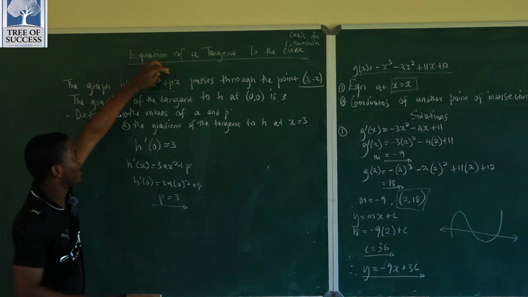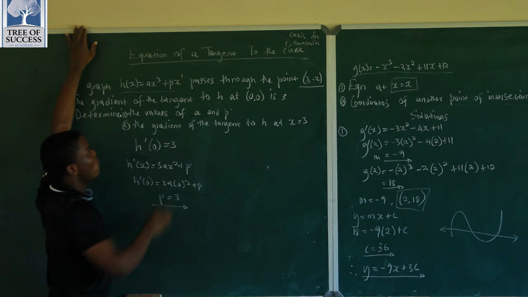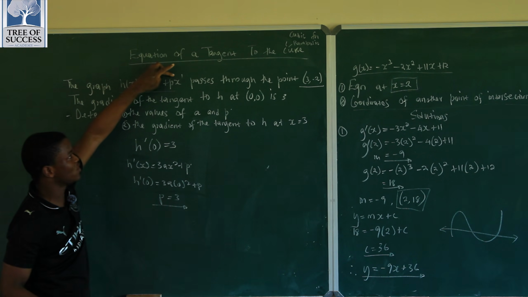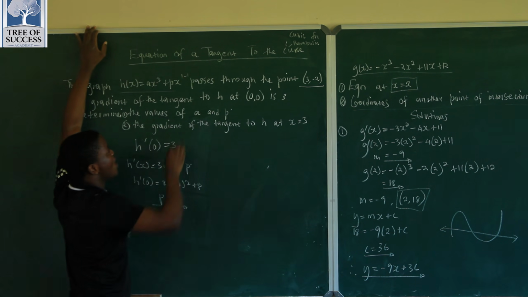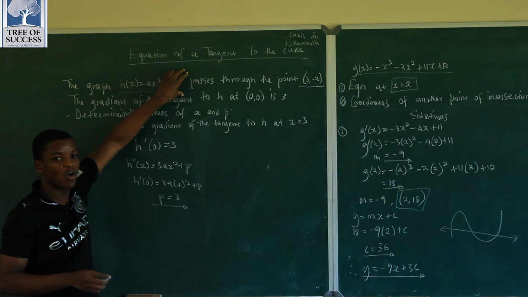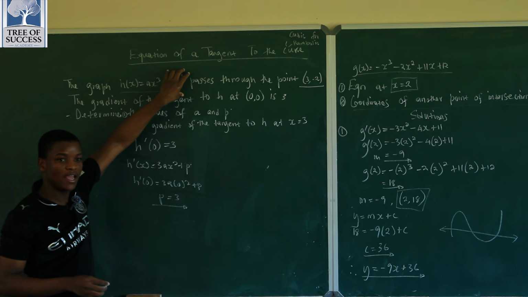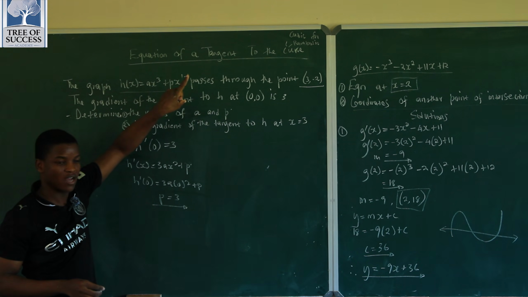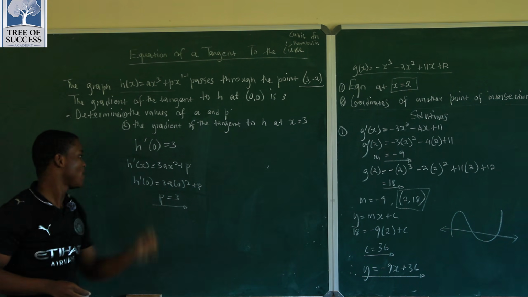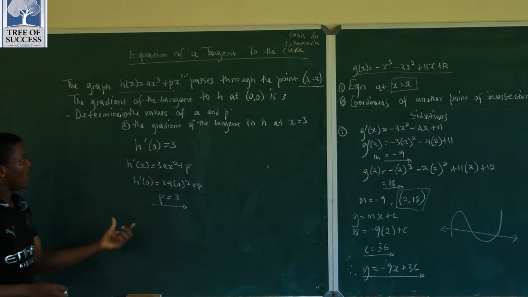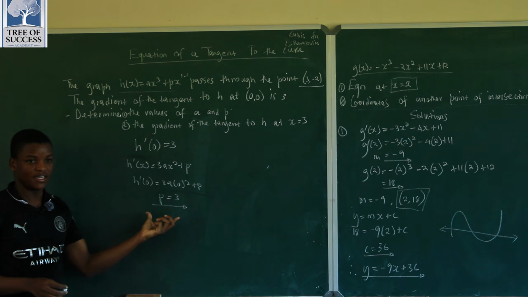Then from here, we know there is an exponent of 1, so we say that's 1 times this coefficient, so p. Then when we subtract 1 from that 1, we have x to the power of 0, and anything to the power of 0 is 1. So p times 1 is p. Are we together now?